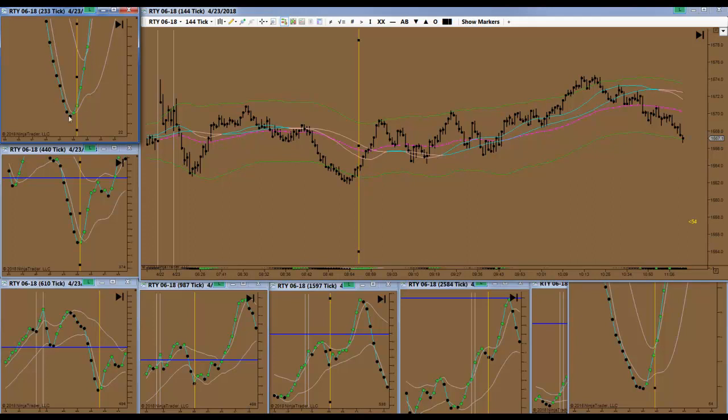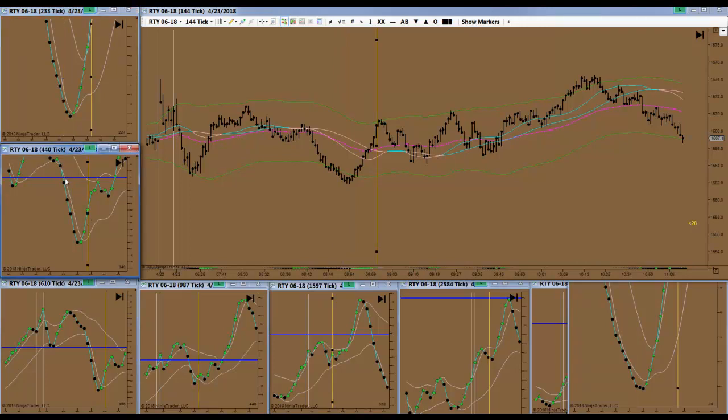So as we're watching the 233, let's plug in the 440 as well. If you notice the distance between the BBs themselves, it hasn't really changed. They're pretty much a constant until you get right here, and then it sped up a little bit, and then it slowed down a little bit.